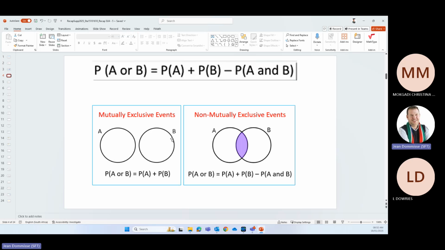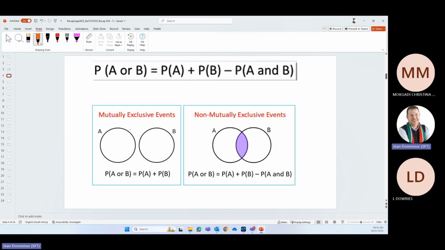So mutually exclusive events, very important that we know that. The important thing about mutually exclusive is that you see that this "and" is equal to 0. So that is when things are mutually exclusive. Basically means that there is no overlap.